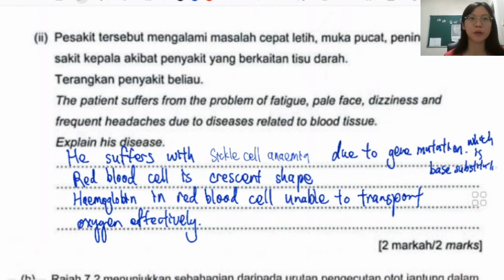If you want to elaborate more, base substitution is because of the thymine replaced by the adenine base. Therefore, valine amino acid is produced instead of glutamic acid. And that's the reason why the hemoglobin is abnormal, unable to perform its function effectively when it comes to transportation of oxygen.